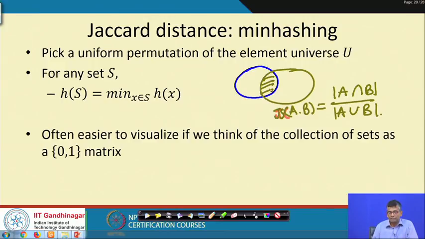So, now we are asking whether there exists a hash family that is locality sensitive for this similarity measure. And here is a solution, initially suggested by Broder in a beautiful paper, and then subsequently worked upon by Broder and Mitzenmacher.